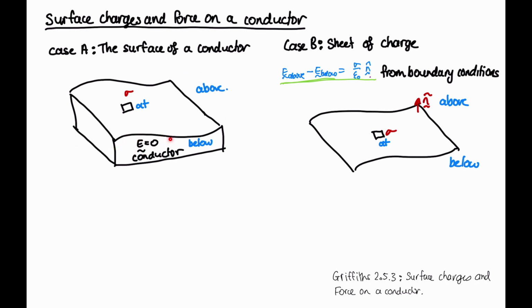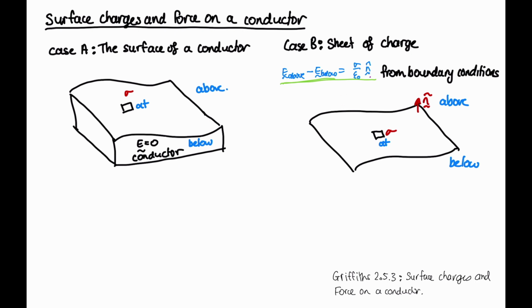Below the surface, we've got the conductor where there is no electric field. Above the surface, we've got a region with the electric field due to the surface charge density on this conductor. So remember, with a conductor, all the charges are on the surface.